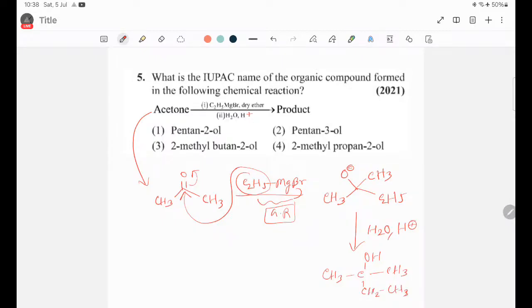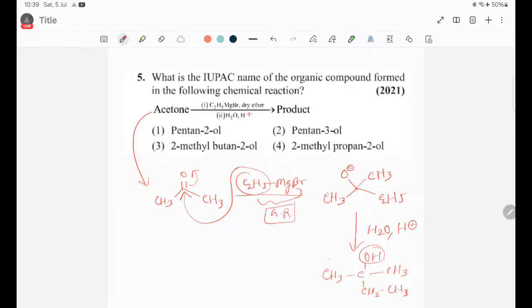Now if you want the nomenclature of this compound, try to figure out if there is any functional group present or not. In this case you are getting one functional group, that is the OH group. If the OH group or any kind of functional group is present, then try to number the carbon chain so that the OH group gets the lowest possible number.